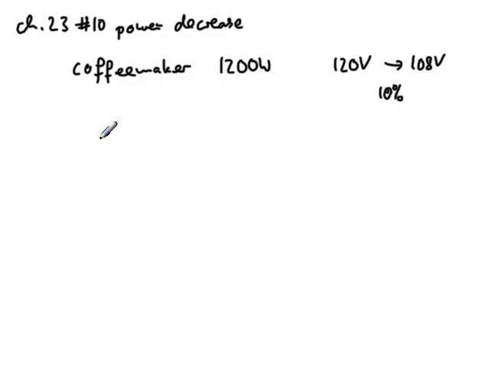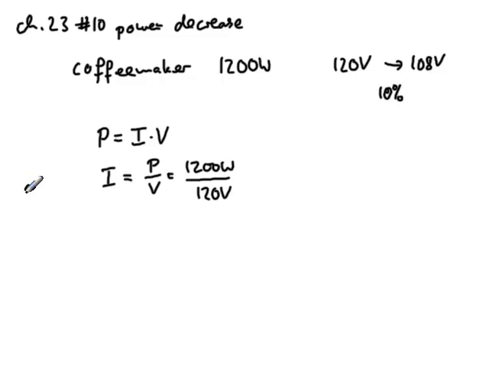First of all, figure out what the original current is. P equals I times voltage, which means that the original current is power divided by volts, which is 1200 watts divided by 120 volts, and I'm going to write down here the original current.